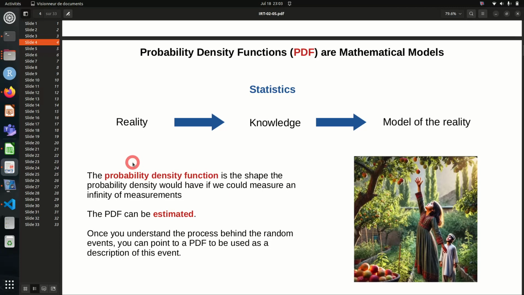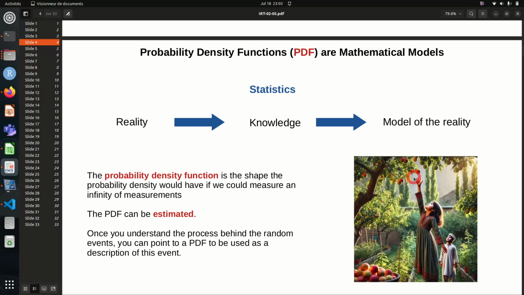We have seen in the previous lecture that probability density functions, we are going to call them PDF as a nickname, are mathematical models. Models are by essence impossible to reach.